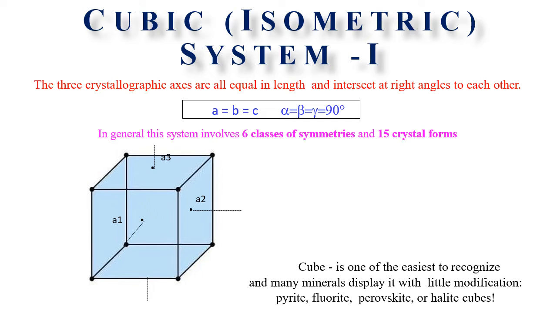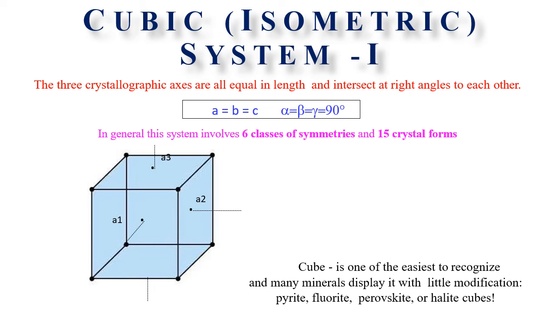However, it is necessary to specify each axis. This is done by placing the crystal in what is known as the reading position, or the position in which the crystal is best studied, so that one axis, called a3, is vertical, the one, a2, runs from right to left, and the third that runs from front to back is a1. 3 symmetry classes belong to the cubic crystal system.